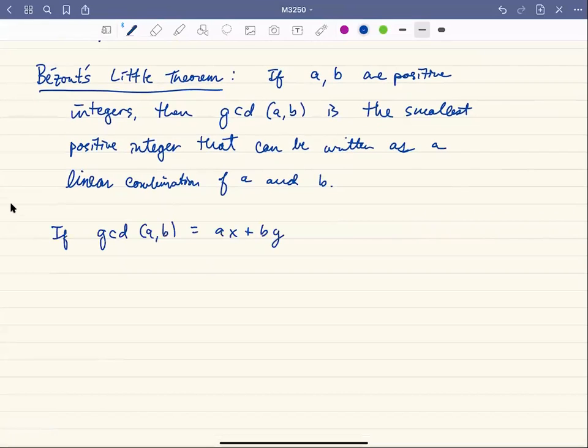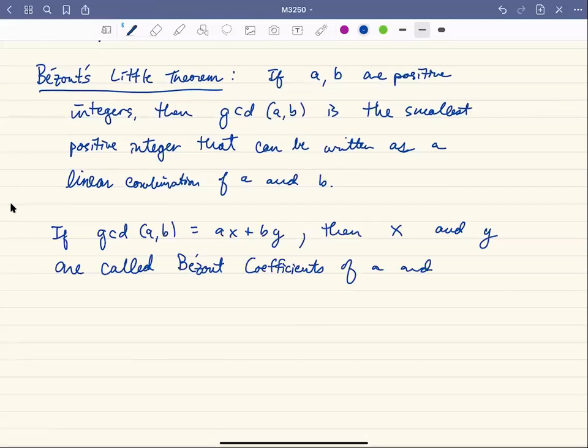So if the GCD of A and B is written in this form, AX plus BY, then X and Y are called Bézout coefficients of A and B. Bézout coefficients are not unique. In fact, there's infinitely many, but if we can write the GCD as a linear combination of A and B, then those integers X and Y are called Bézout coefficients.